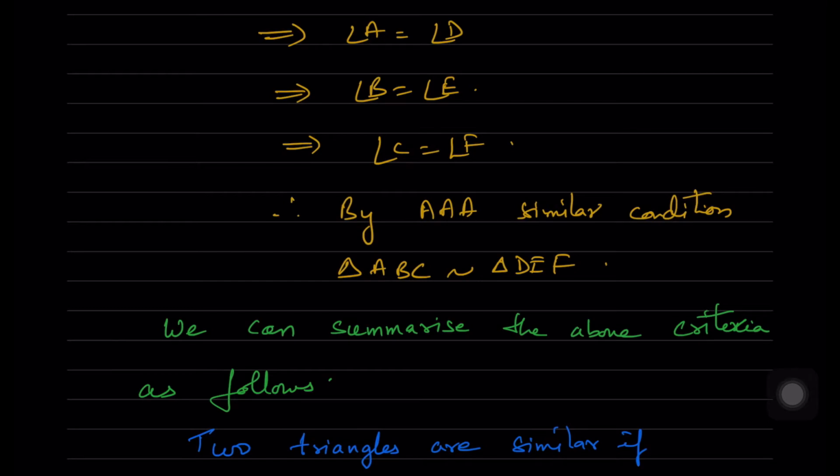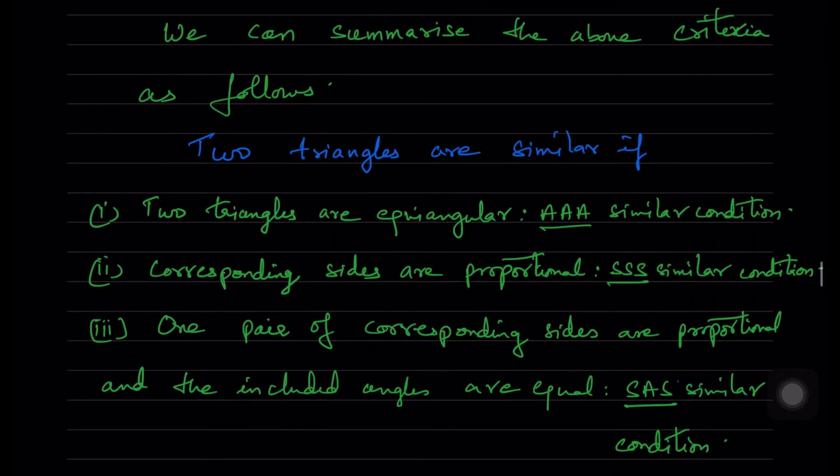So we can summarize the above criteria as follows. Two triangles are similar if they are equiangular, that is, all three angles of one triangle are equal to the corresponding angles of the other triangle. If two angles of a triangle are equal, obviously the third angle will be equal. Or if the corresponding sides are proportional, that is the SSS similarity condition. Or if one pair of corresponding sides are proportional and the included angles are equal.